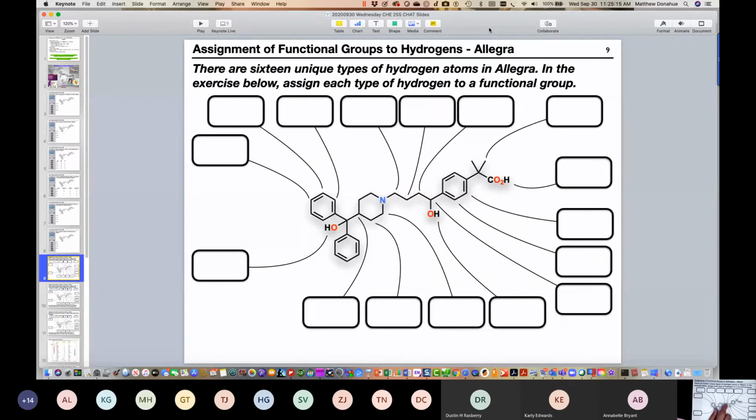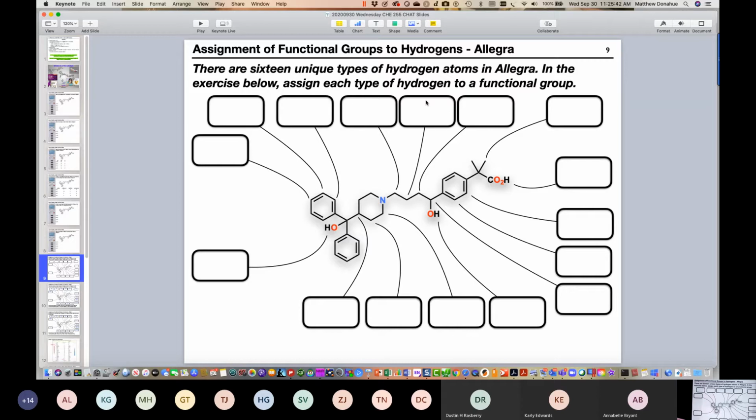So here is Allegra in the center. There are 1, 2, 3, 4, 5, 6, 7, 8, 9, 10, 11, 12, 13, 14, 15, 16 boxes. Each box corresponds to the unique type of hydrogen atoms that you just identified.